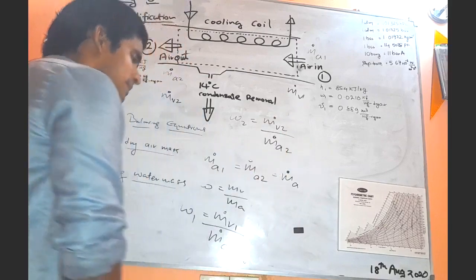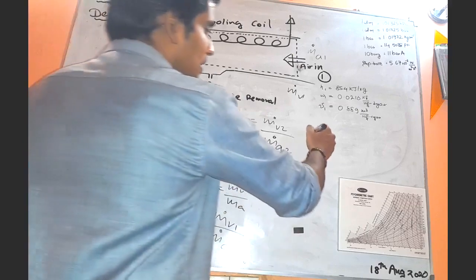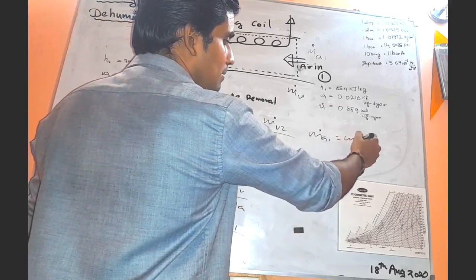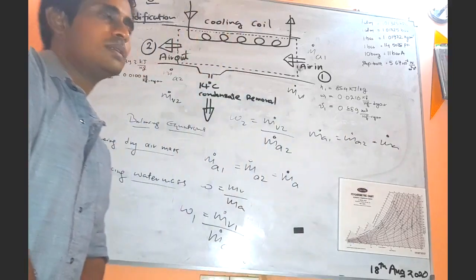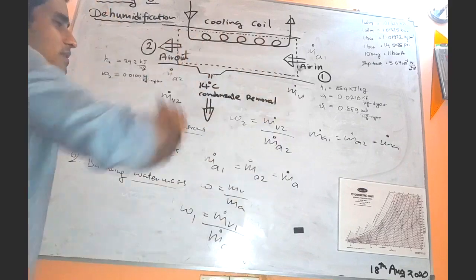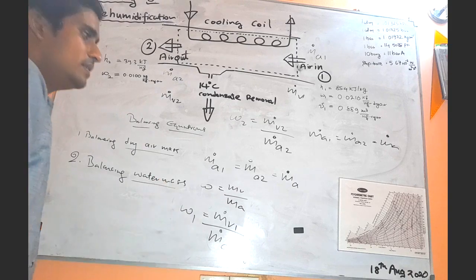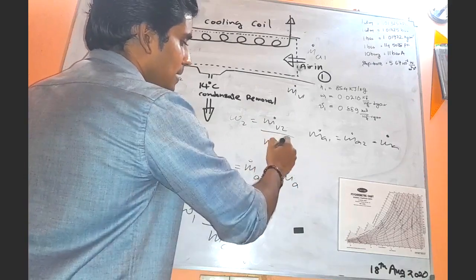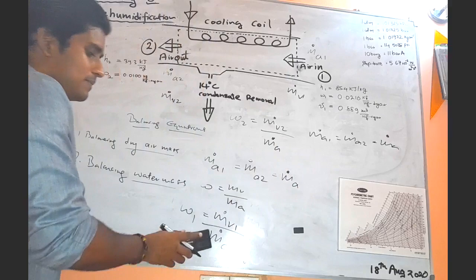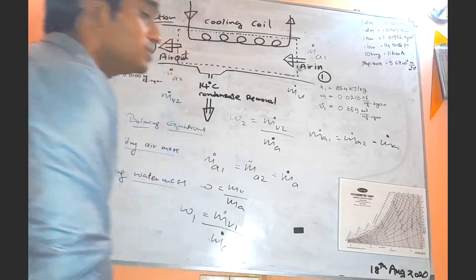Now we know that ma1 dot equals ma2 dot equals ma dot, because if you consider this system, the flow rate of dry air is the same. So no worries, we can further simplify. We can erase ma2 dot and write ma dot, and here also erase ma1 dot and write ma dot. That is how you should simplify it.